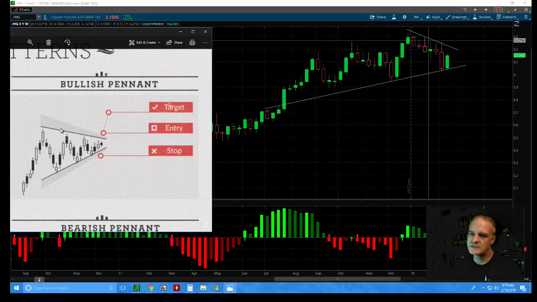This one here is steeper than what we're seeing in this diagram, but that's okay.